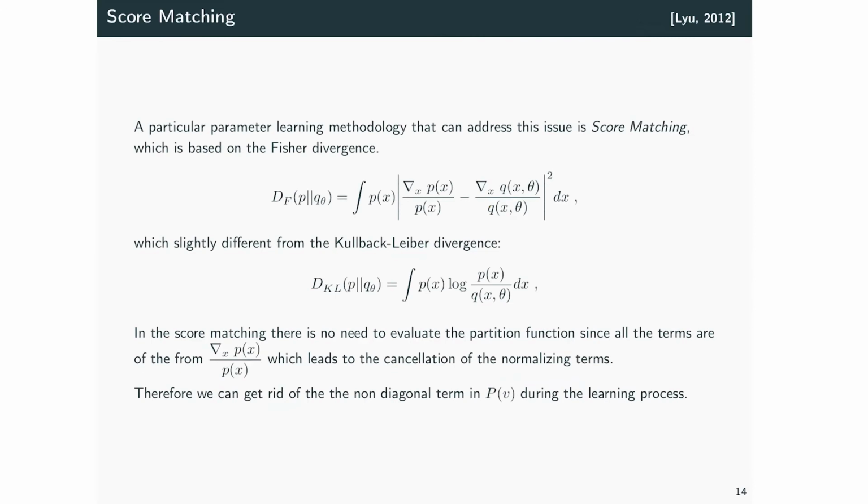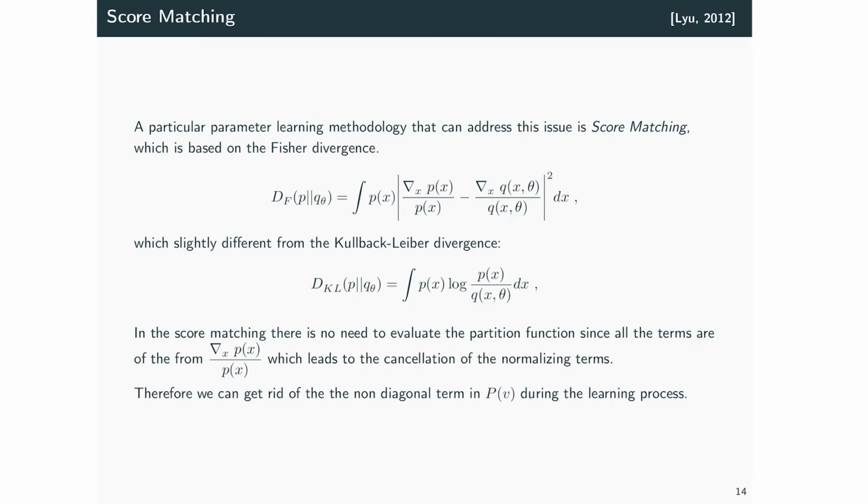And this is where score matching comes into play. Score matching is this particular parameter learning methodology, which is based on the Fisher divergence, which is actually not quite well known.